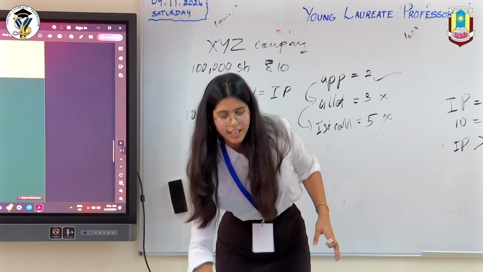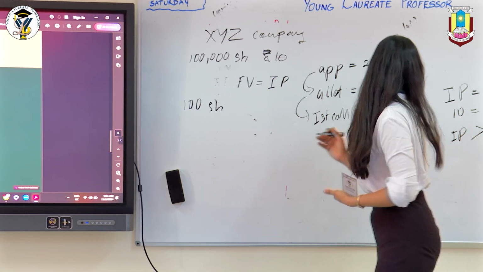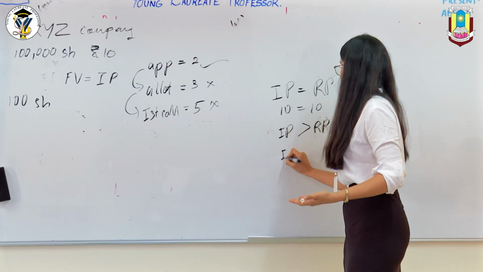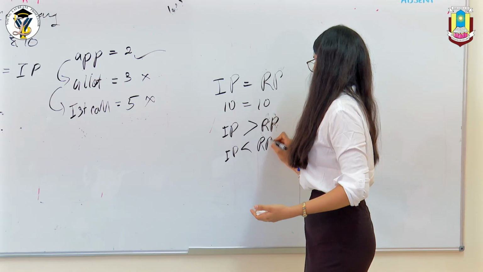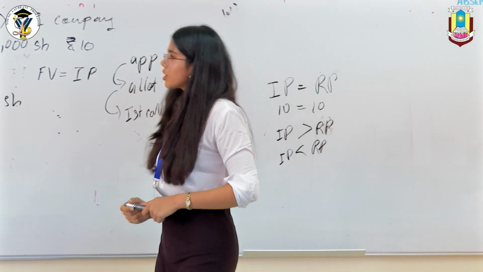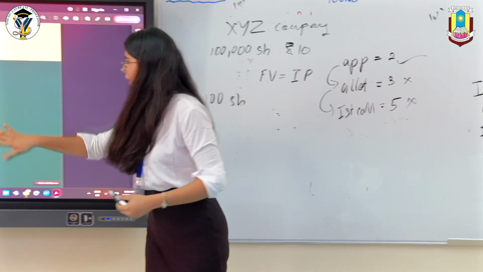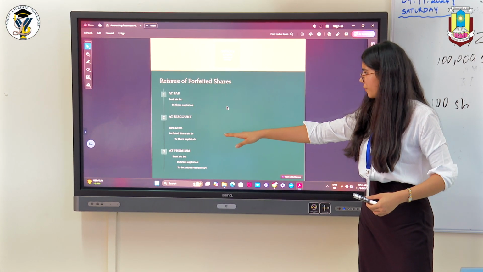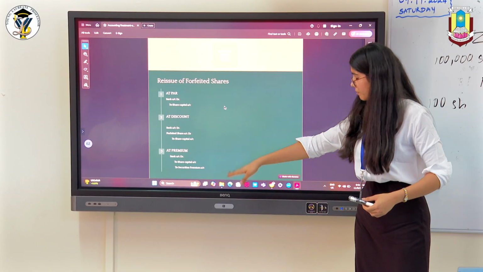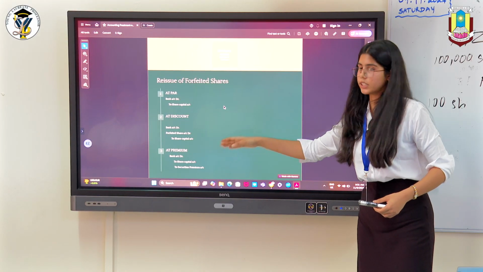And then premium is exactly the opposite, where the issue price is less than the reissue price. So the journal entries you can see, when we are issuing it at discount, you have to debit the forfeited shares account, and when we are issuing it at premium, we have to credit the securities premium account.